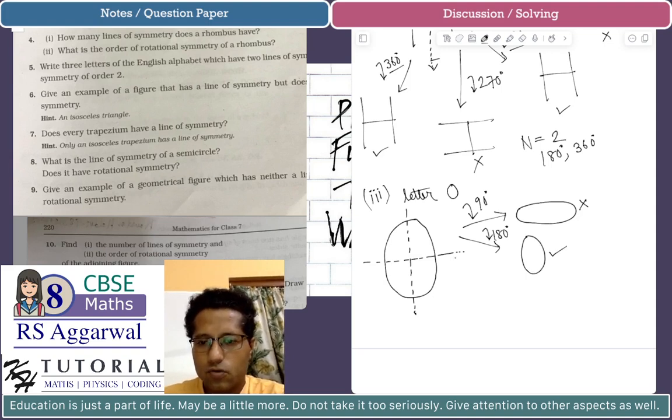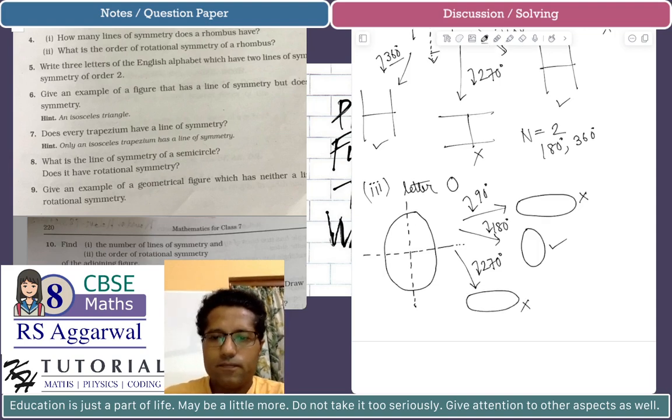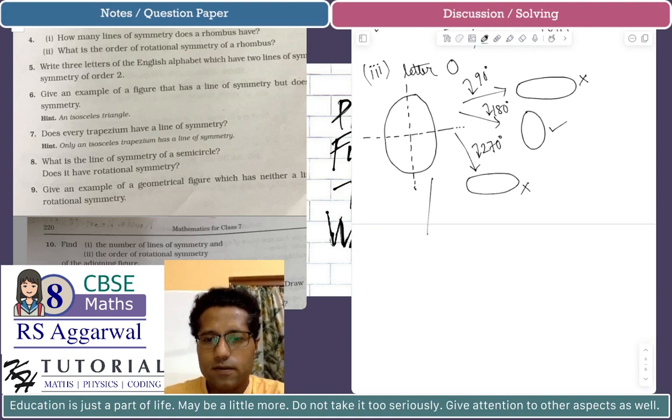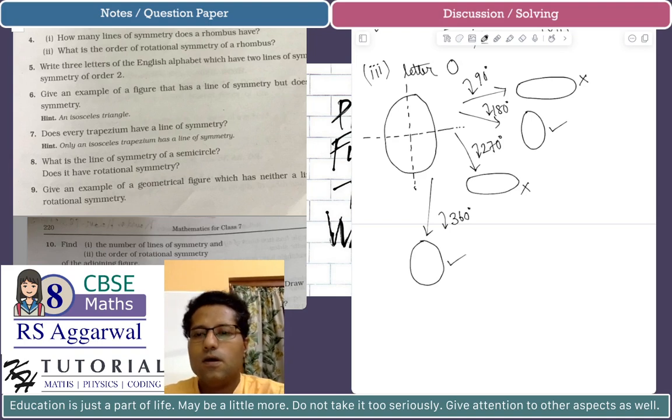And again, if you rotate clockwise by 270 degree, then again it will not look identical, it will look like this. And finally, if you rotate the letter O by 360 degree clockwise, then again you will see the exact same letter O. So 180 degree and 360 degree.